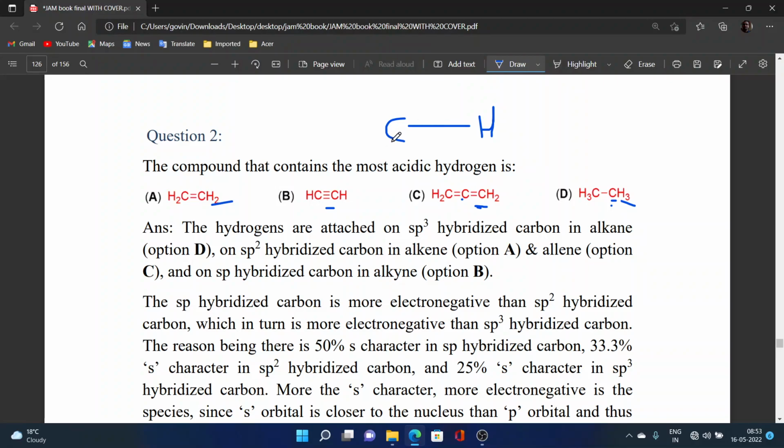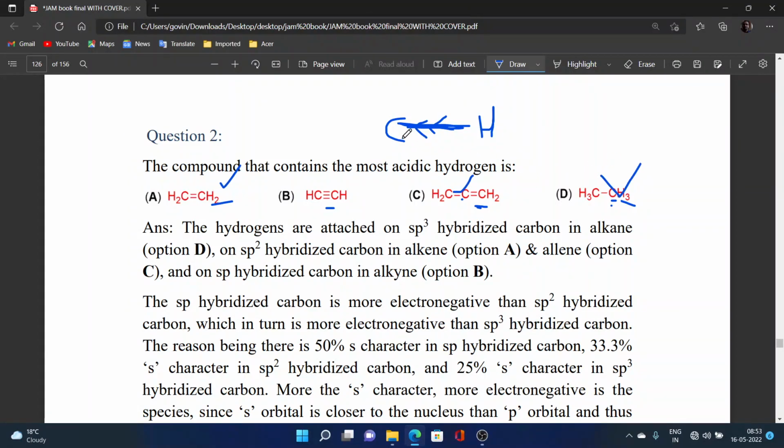Now s orbital has more penetrative effect than p orbital. What I am trying to say is, s orbital is closer to the nucleus than p orbital, so this orbital will feel stronger attraction towards the nucleus. That means these 2 electrons in the orbital get attracted toward this carbon more strongly than any other carbon shown.